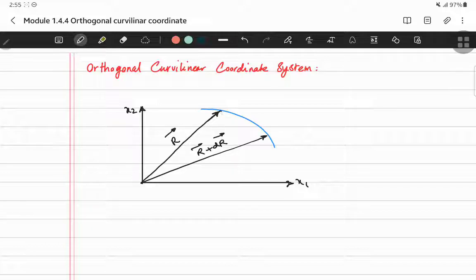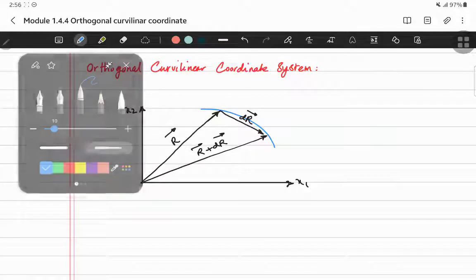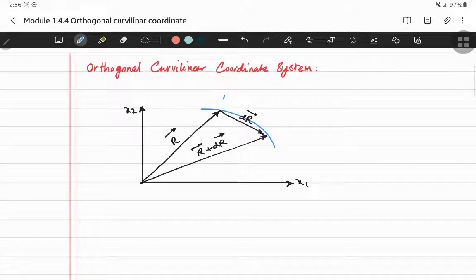So we know that this is, of course, dr, and we have this as, let's say, ds.